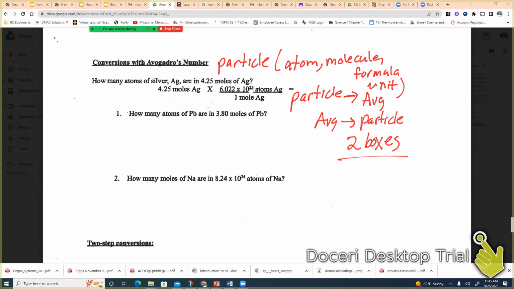All right, this says how many atoms are in 3 moles of lead. So there's atoms. That's my hint that I have to use Avogadro's number. That's one of the particles. So it's going to be 2 boxes. And I'm going to start with what I'm given, which was 3.80 moles of lead.